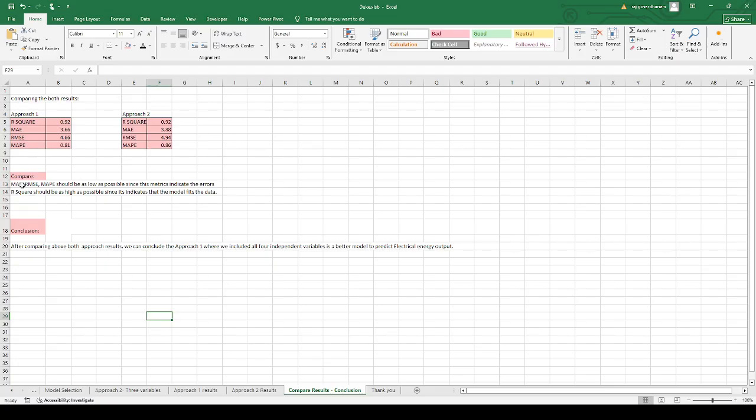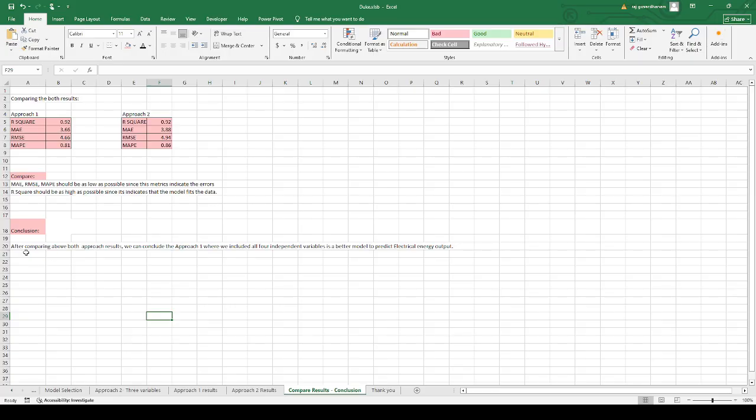MAE, RMSE, and MAPE should be as low as possible, since these metrics indicate the errors. R square should be as high as possible, since it indicates that the model fits the data.